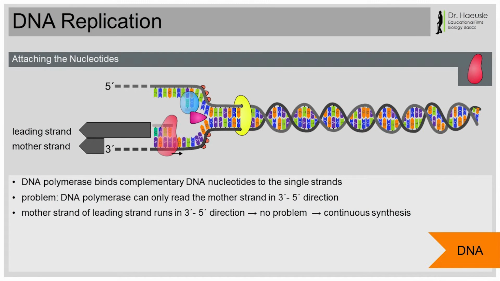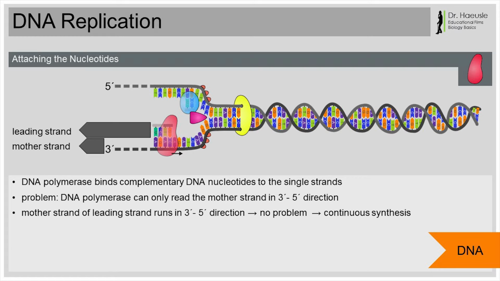Wait a second. You said that the DNA polymerase can only build in 5' to 3' direction. But if the mother strand runs in 3' to 5' direction, then it is not able to work here. It is able to work here. If I say the DNA polymerase can only build in one direction, I mean the direction of the new daughter strand that is built.